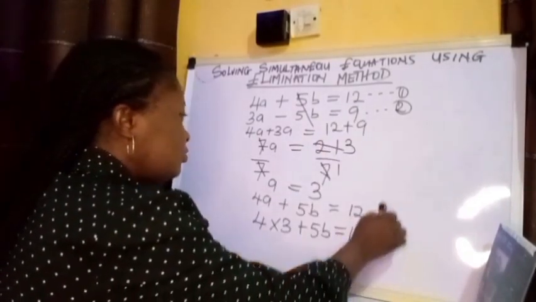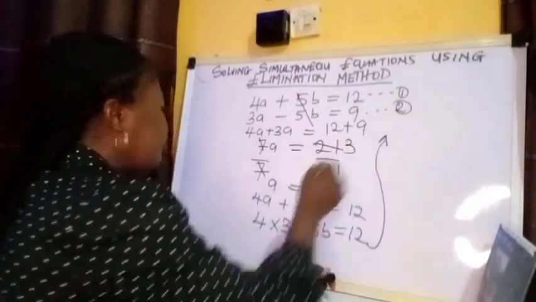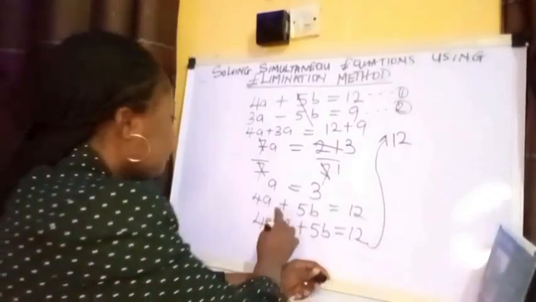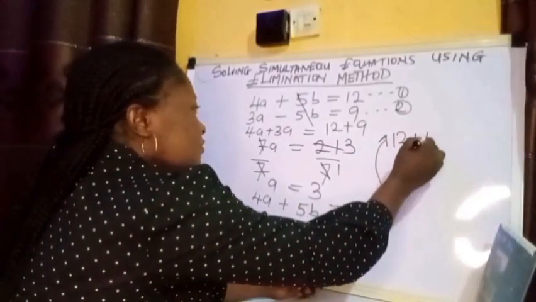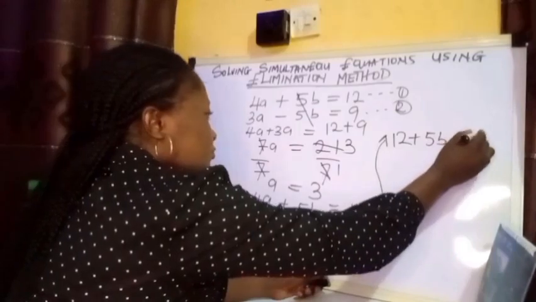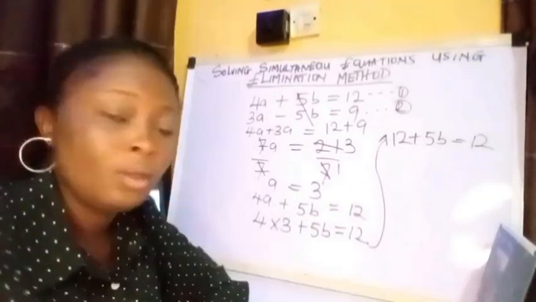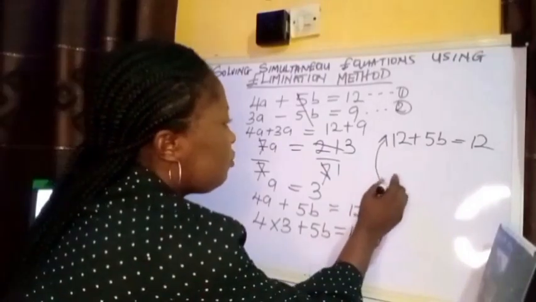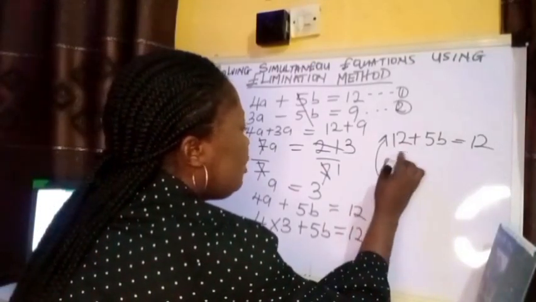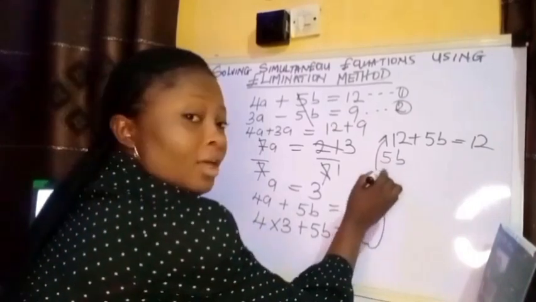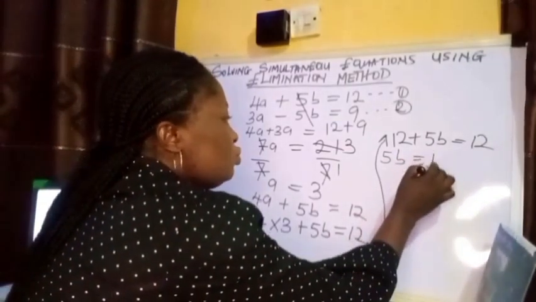Now 4 times 3 is 12 plus 5b is equal to 12. Therefore we collect like terms, so we have 5b is equal to 12.